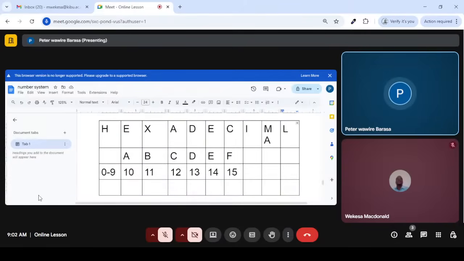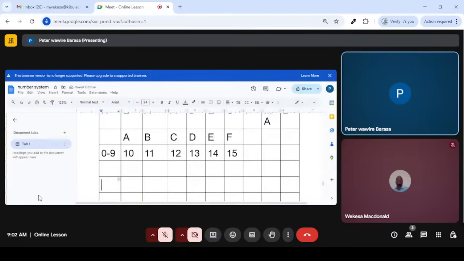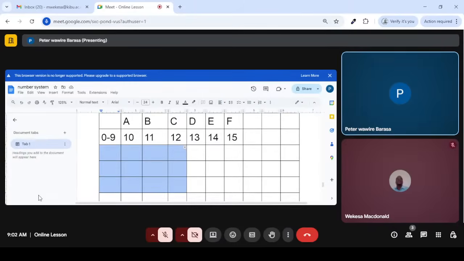There is no 16, but now this is what we call base 16. So let's start with the conversion.